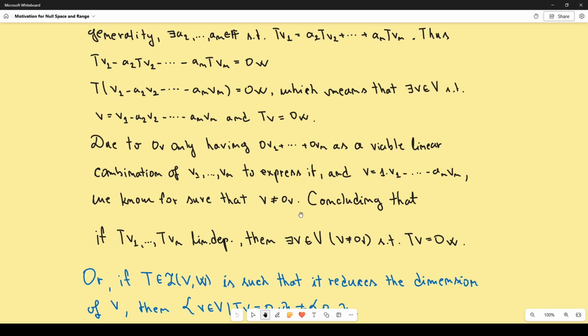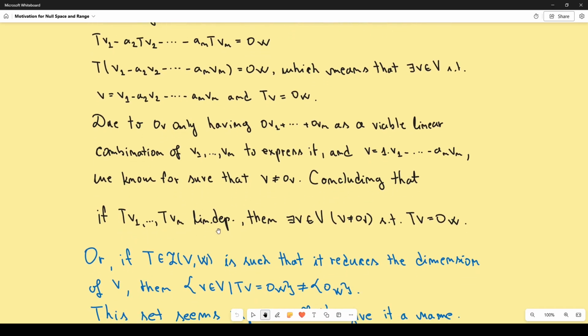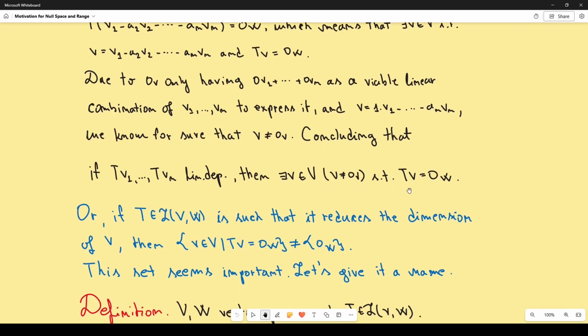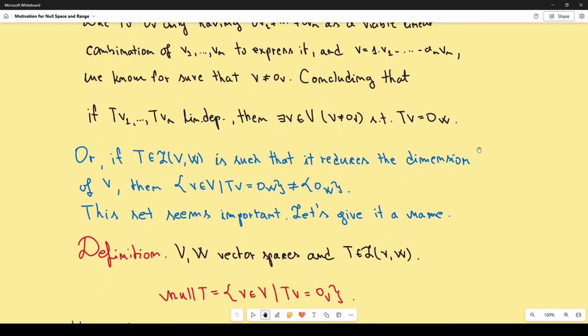That we know for sure. So we can conclude that if these vectors are linearly dependent, then there exists at least one vector in V, in our original space, that is different from the 0 vector, such that it gets sent to the 0 vector in W. So that's valid, that's a thing, yes.